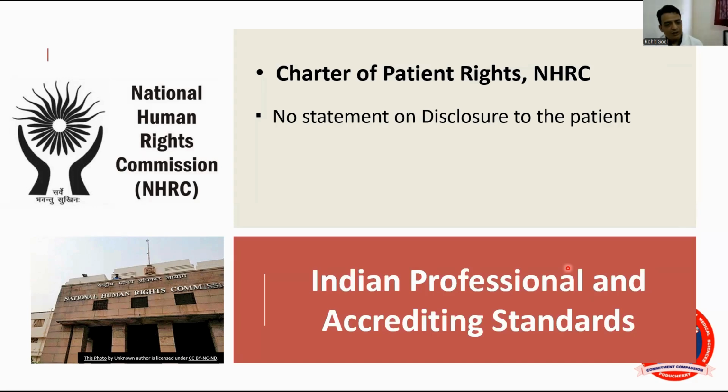Indirectly, it can be interpreted that the patient has to be made aware of all health conditions at all times, and definitely medical errors should also be disclosed. However, there is no outright statement that medical errors, if sustained by the patient, should be informed, or what the approach should be.